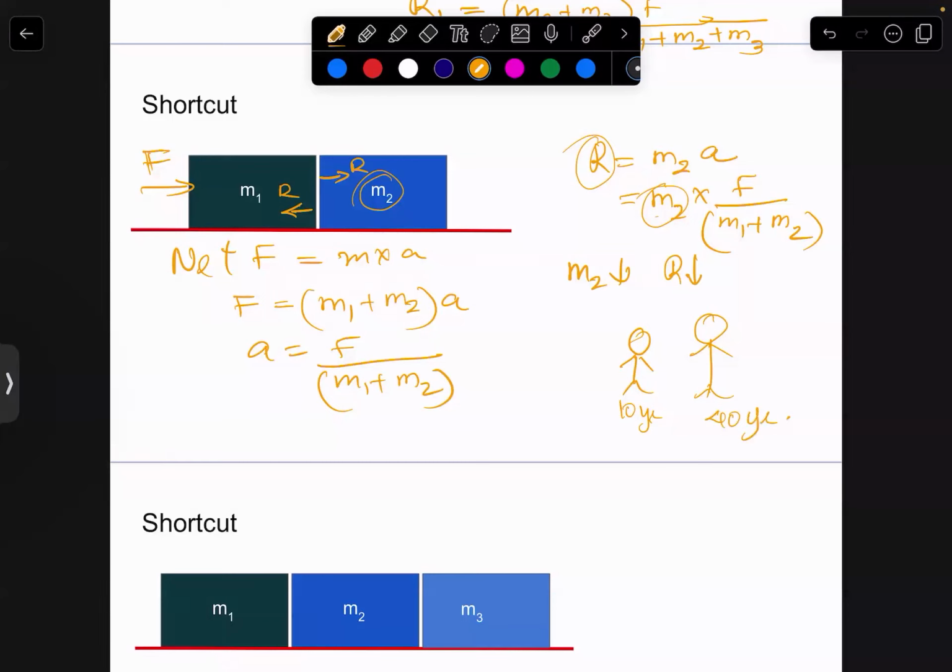A 10-year-old child will be 30 kg, a 40-year-old man will be 80 kg. If you are being pushed by another person behind, maybe a 15-year-old with 40 kg mass, this person is pushing you with force F.